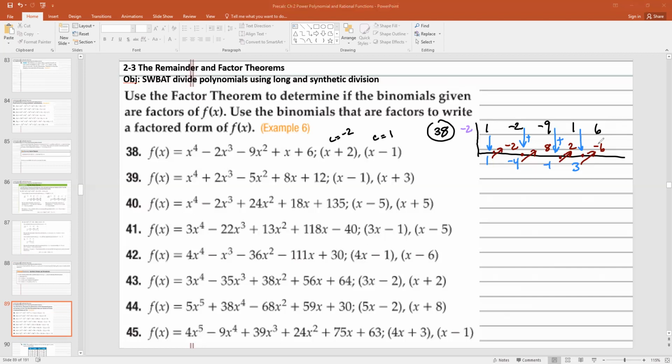And then add those two together. And we get 0. Yay! So since our remainder is 0, that means negative 2 is a solution. So x plus 2 is a factor.